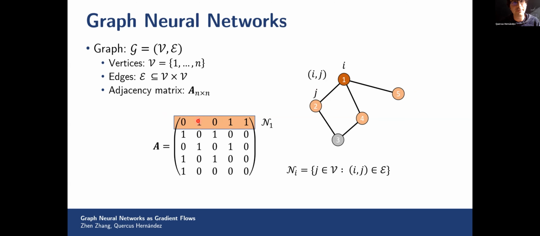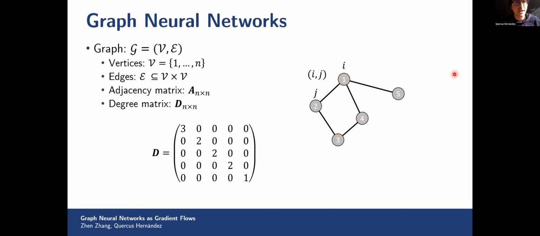So in this row, the second, fourth, and fifth columns have 1s, and the rest 0. This is the neighborhood of the node. The same goes for the second node, and so on. You can also define the degree matrix, which holds the number of incoming edges to a node. For example, node number 1 has 3 incoming edges, so its degree is 3. It's diagonal, obviously, because each node has its own degree.